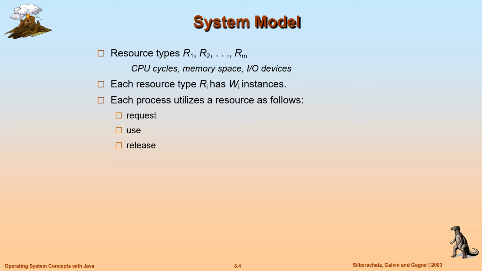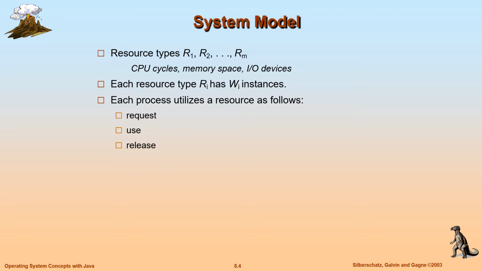For example, if R1 is a printer resource type, and suppose 10 printers are available, then Wi is equal to 10. So 10 are available, and 10 are instances.